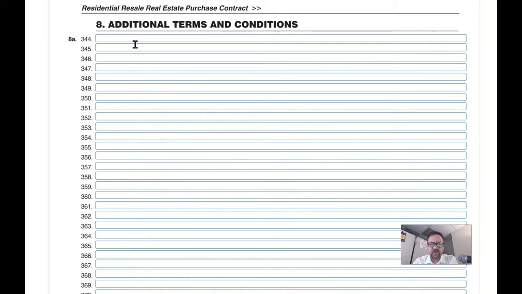This is also where a lot of real estate agents get themselves in trouble because they think they're attorneys and they start writing stuff into the contract as if they are an attorney. And their concept of what they wrote down might not actually be the same concept of what the seller and seller's agent reads on the other side, which is why we really like to use boilerplate stuff.